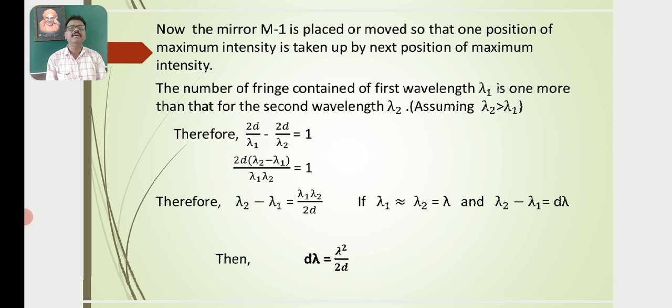Then 2d(lambda 2 minus lambda 1) by lambda 1 lambda 2 is equal to 1, which can be written as lambda 2 minus lambda 1 is equal to lambda 1 lambda 2 by 2d. Further, if lambda 1 is approximately equal to lambda 2, equal to lambda, and lambda 2 minus lambda 1 is equal to d lambda, then d lambda is equal to lambda squared by 2d. This is the expression we use to determine the difference between two close wavelengths.